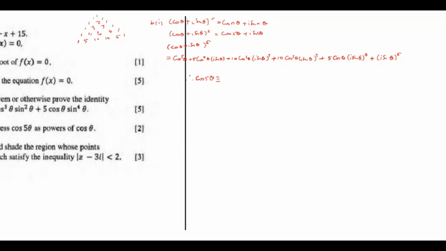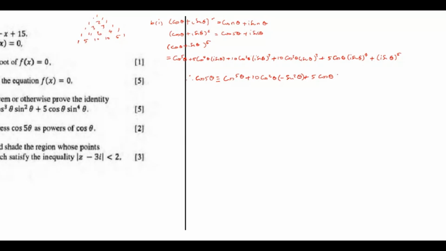So we are having cos to the power 5 theta, then we take the one where i is being squared, so it's going plus 10 cos cubed theta, but here i squared is minus 1, so it's going to be minus sine squared theta. We take where i is having an even power, then we are having plus 5 cos theta. i to the power 4 is positive 1 times sine, so it's going to be sine to the power 4 theta.